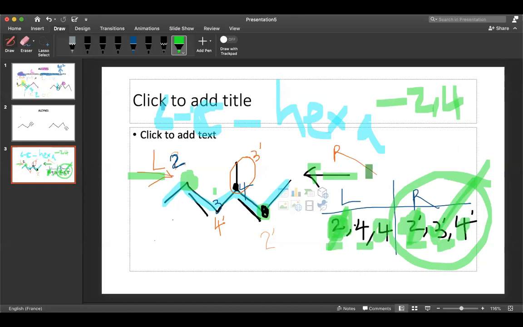Now, we have 2 double liaisons. What did I say about things that occur 2, 3, 4 times in organic chemistry? We do not say times 2. We use multiplication factors. So the multiplication factor we're going to use here is di, because we have 2 double liaisons.